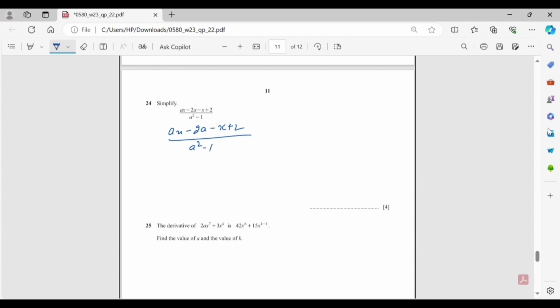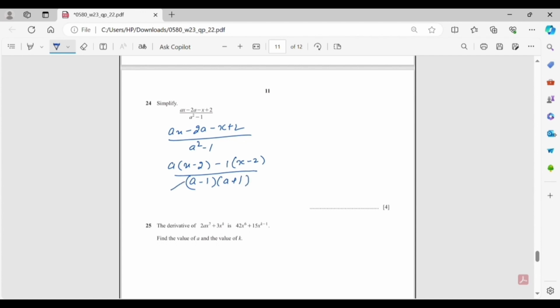Now this will be (a minus 1)(x minus 2) minus 1(x minus 2) over (a minus 1)(a plus 1).